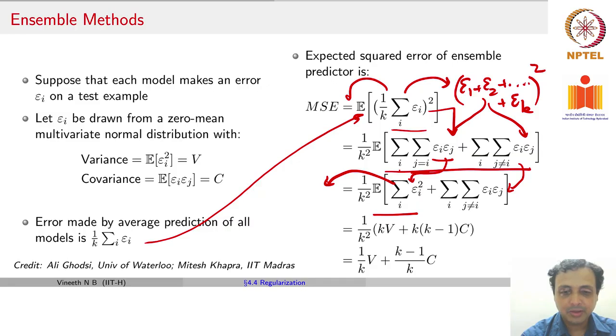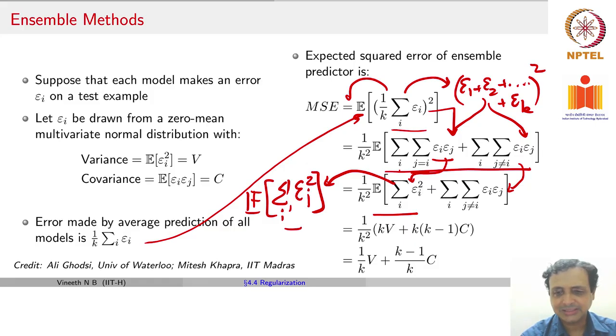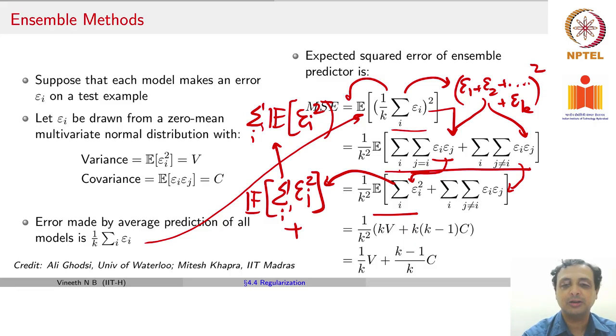This would be expectation of summation epsilon i square plus an expectation of the other term. But this term can also be written as summation over i of expectation epsilon i square. Once again, because of the linearity of expectation, you can write it this way.